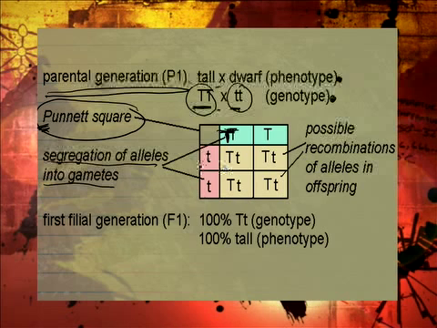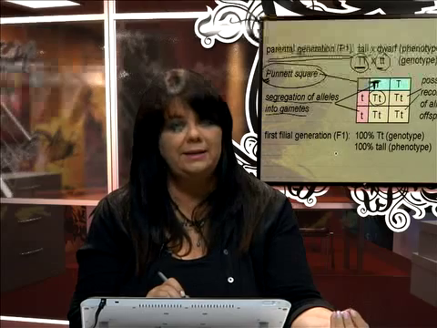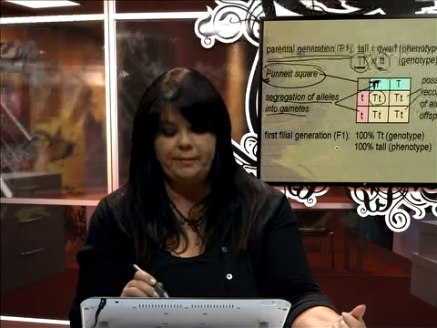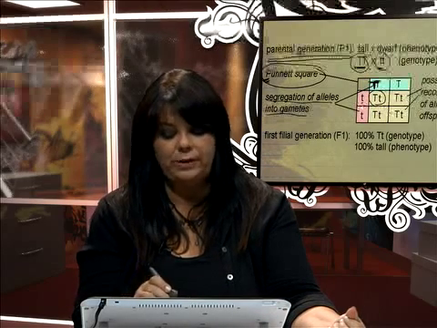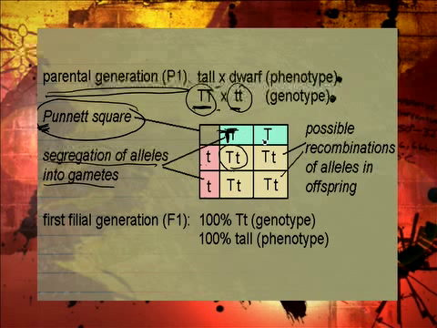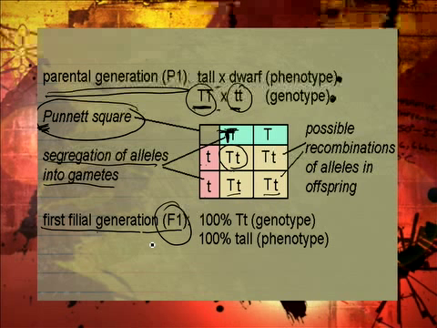Capital T, small t, that is what will be the possible combination in the new offspring. And you work that out for each possibility, capital T, small t, capital T, small t, capital T, small t, and then you show the first filial generation, which is also called the F1 generation.